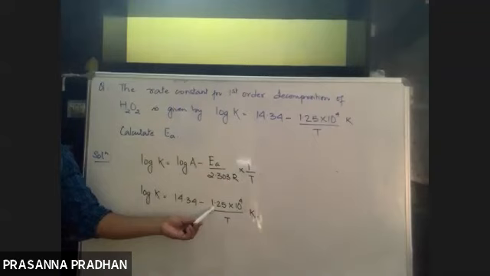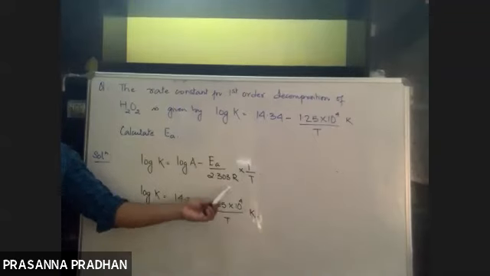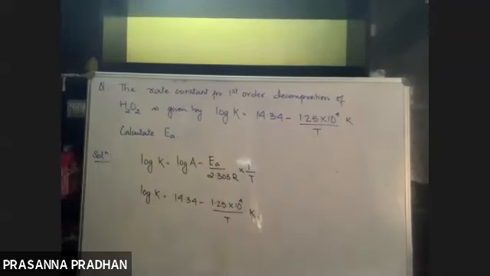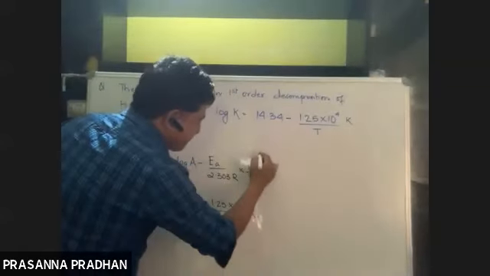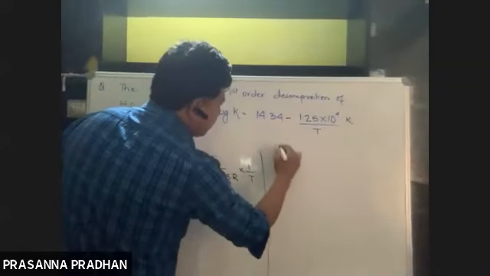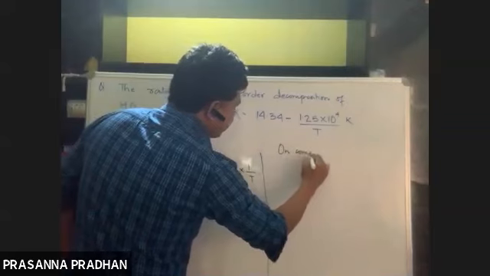So this value 1.25 into 10 to the power 4 is equal to what again? On comparing these two equations, what do you find?